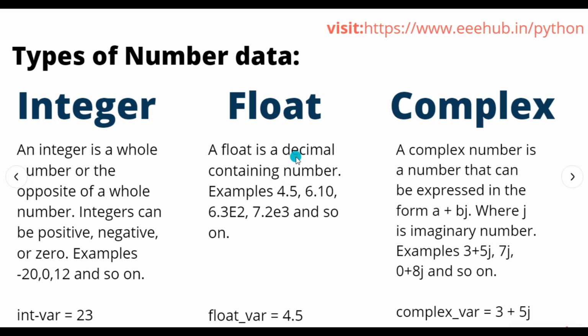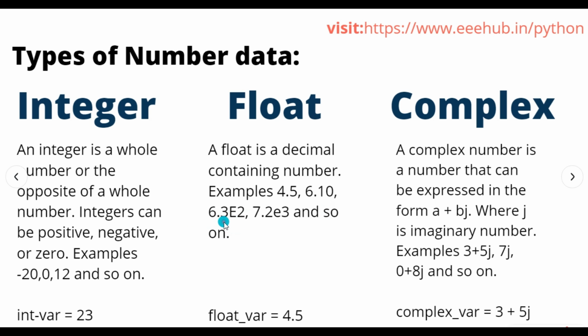Now the second is a float. Any number that will contain a decimal point in it will be a float data type. For example, this 4.5, here the decimal is between 4 and 5. That's why 4.5 will be the float data type. Second example is 6.10 and third example is 6.3E2.